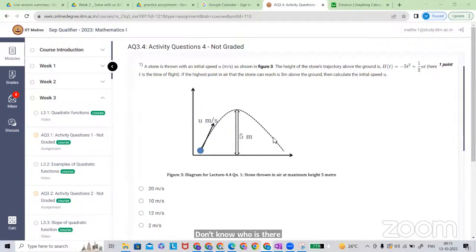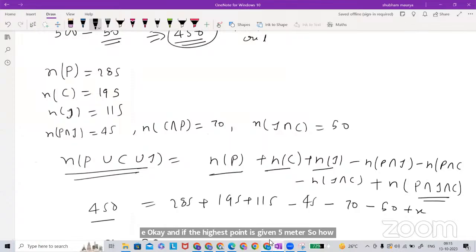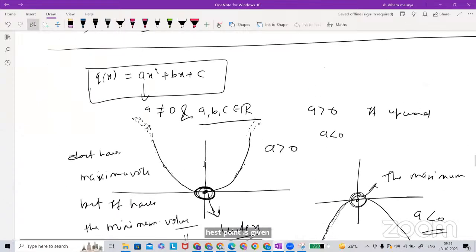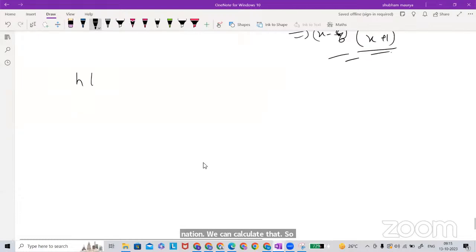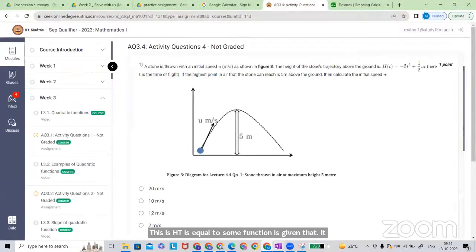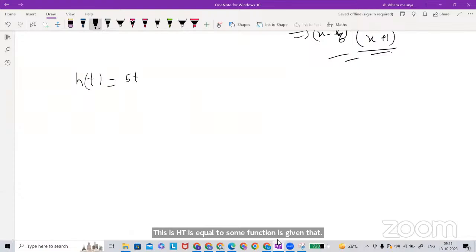And if the highest point is given as 5 meters, so the highest point is given, no? So you can calculate it. Here h(t) is some function that is given. What is that function? 5t square plus 1 by 2 ut, sir, minus 5t.